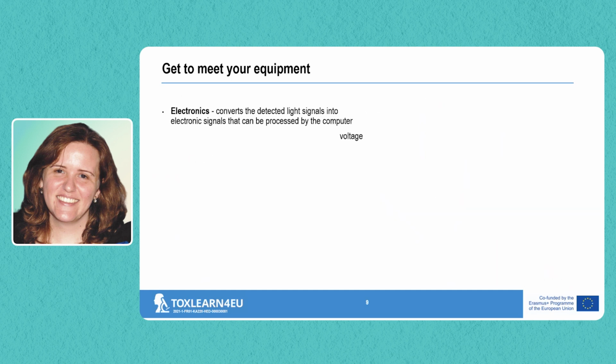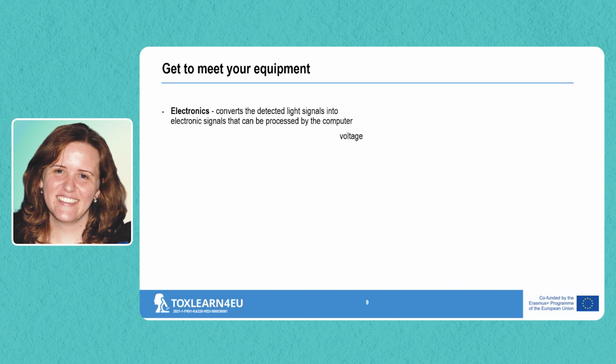Then we have the third component, which is electronics. When I started working with flow cytometry, my first impression was, well, I can do whatever I want. I just increase the voltage and cells will be moving all around as I wish. It's kind of strange.